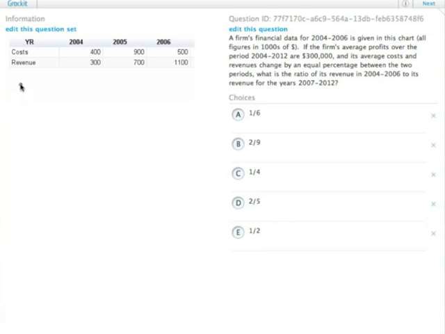First, we need to find out what the average costs are so that we can then figure out what the revenues will change to in the second 6-year period. So the average cost in the period on the chart is 400 plus 900 plus 500 divided by 3.